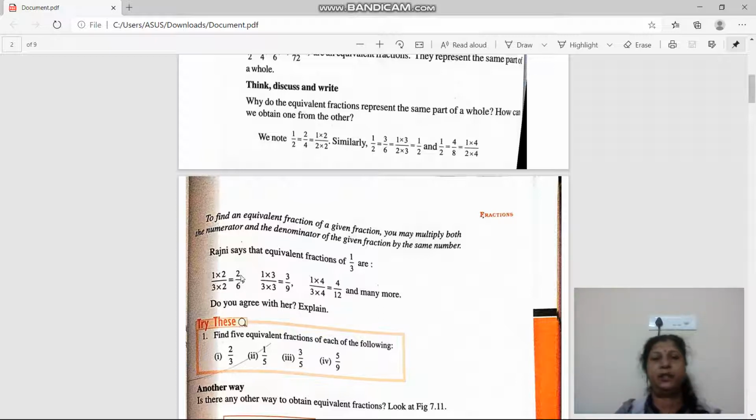So 2 1s are 2 and 2 3s are 6. Next, 1 upon 3 multiplied by 3: 3 1s are 3 and 3 3s are 9. Next, multiplied by 4: 4 1s are 4 and 4 3s are 12. Get it? So if we take any fraction, we multiply numerator and denominator by the same number, then we can find a number of equivalent fractions.